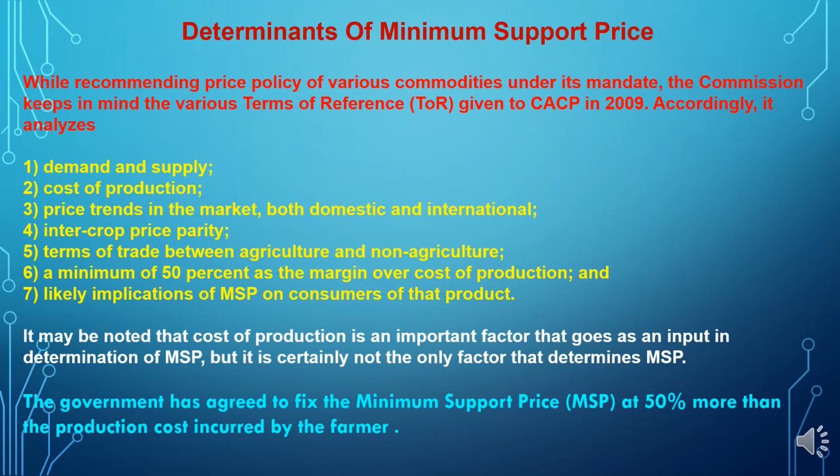It may be noted that cost of production is an important factor that goes as an input in determination of MSP, but it is certainly not the only factor that determines MSP. The government has agreed to fix the minimum support price at 50% more than the production cost incurred by the farmers.